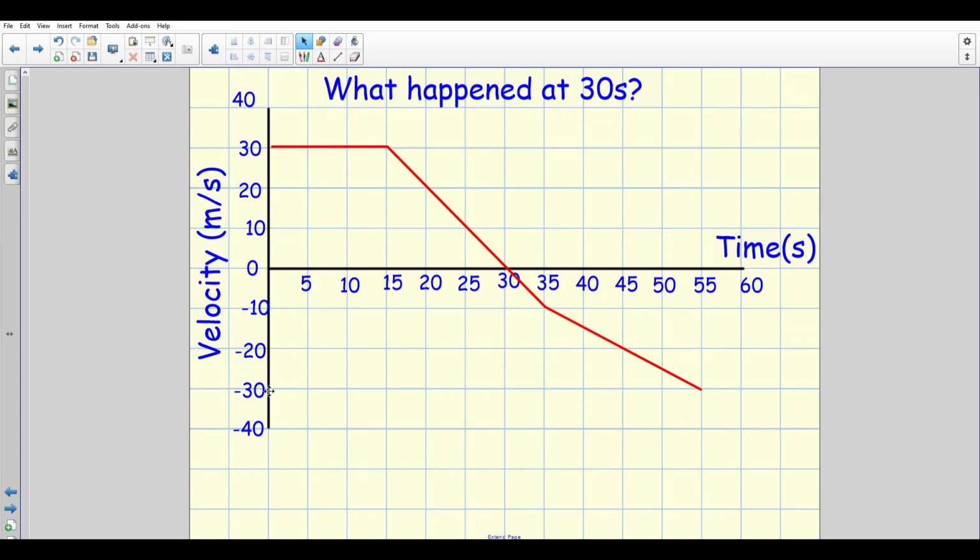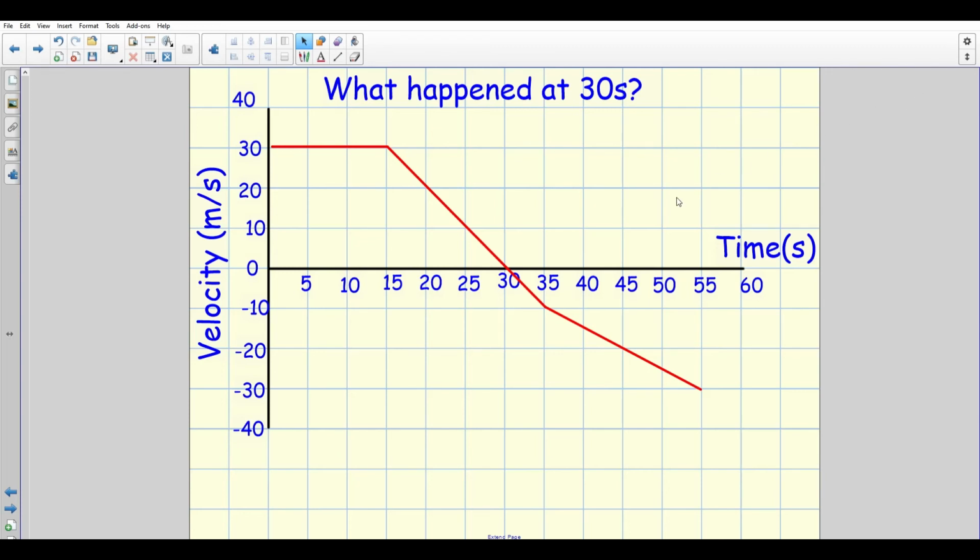Negative 30 is still a high velocity, it's getting faster, but it's going backwards. So negative and positive just tell you which way something is going. So at 30 seconds, the direction has changed. It's gone from a positive velocity to a negative velocity, which just means whatever this is, probably a car, because 30 meters per second is about a car's speed, that's changed direction.